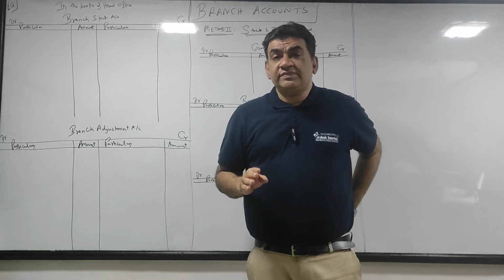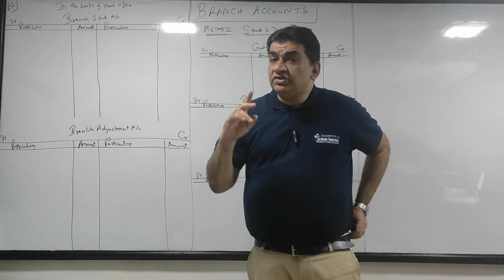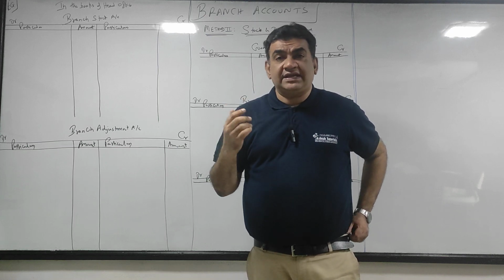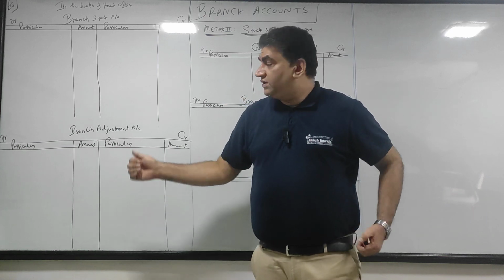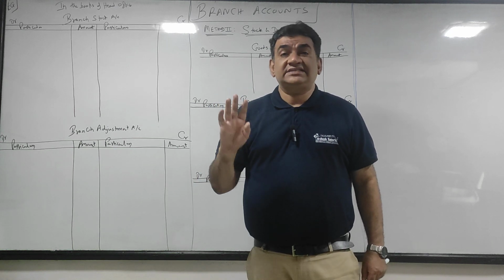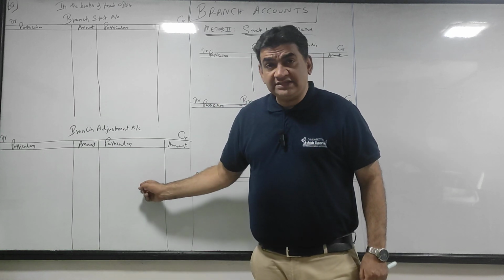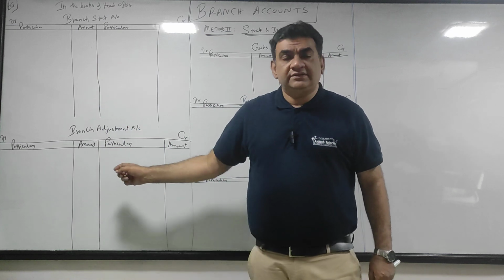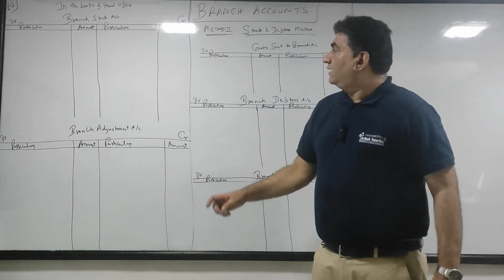And because in the first method you all have done sums where goods are sent to branch at invoice price, so I am taking that part. So branch adjustment will be prepared when the goods are sent to branch at invoice price. What is to be recorded, that we will see in some time.